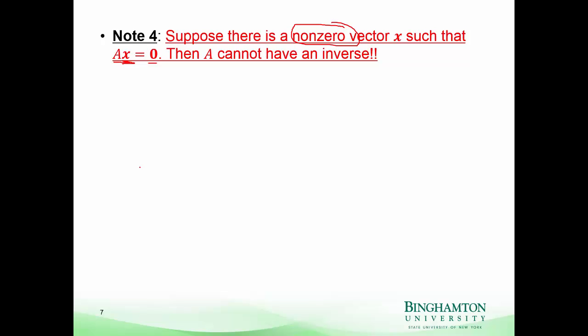So think about it from our scalar point of view, right? Suppose we had A times X equals 0. So this is just a scalar equation. And I tell you that this happens when that X is not equal to 0.